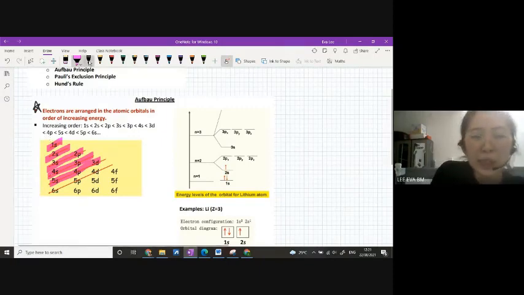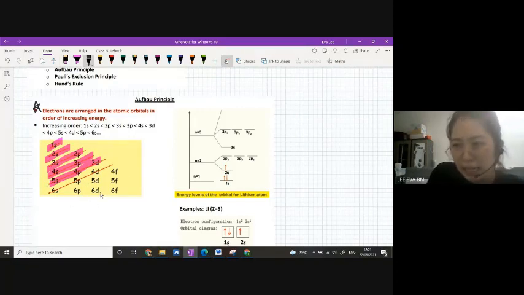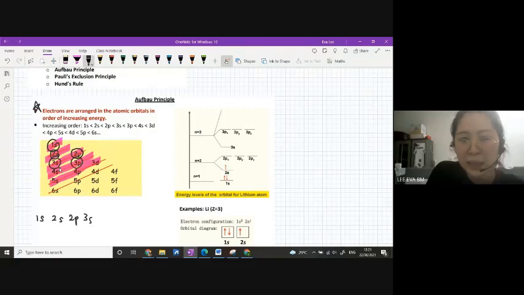Once you know how to arrange it from this diagram, arrange 1s, 2s. Then following the direction, it reaches 2p, then 3s, then 3p, 4s. And then following the raindrop directions again, we come back to 3d, then 4p, then 5s.